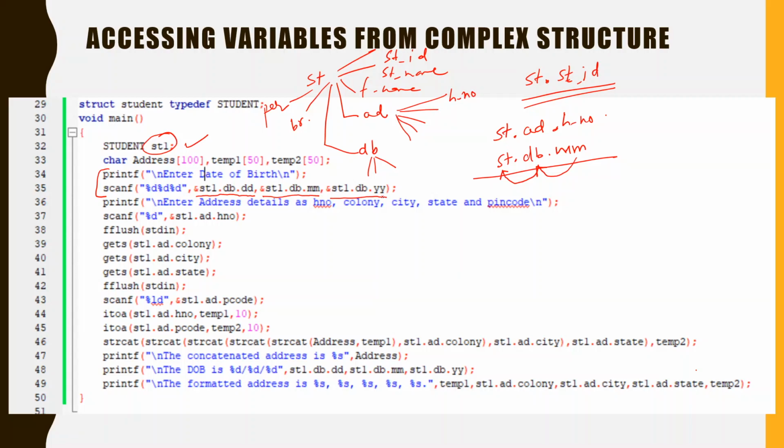So the continuous dot operator is used to access the member variables. If there are more levels, more dot operators would be used. Here we have created only two levels, so there are only two dot operators. If this is also a complex data type, then multiple dot operators will be used for every level.